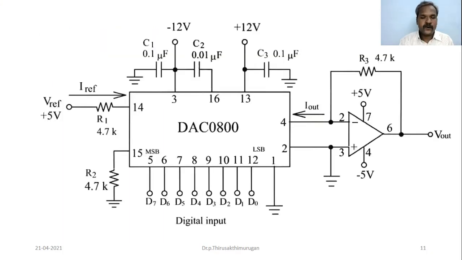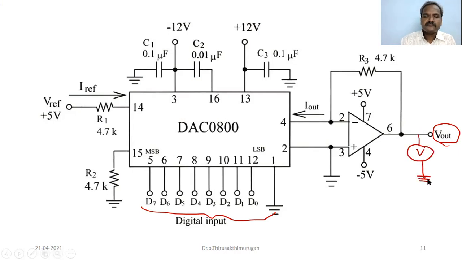So this is the overall circuit diagram for DAC 0800. As I mentioned in the previous pin description, these are all digital inputs. This is V output. After giving connections, we have to connect one multimeter here. You connect one multimeter in milliammeter mode between pins 2 and 4.